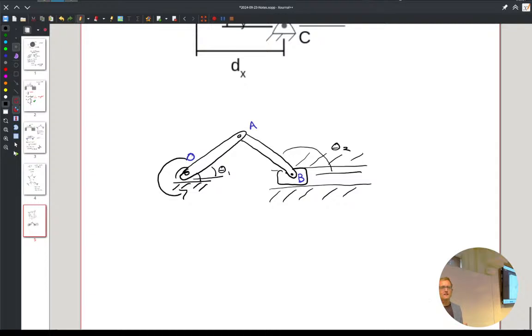Which part of the system is moving? In this one, O can't move, but A moves up and around, and then B can slide left and right.